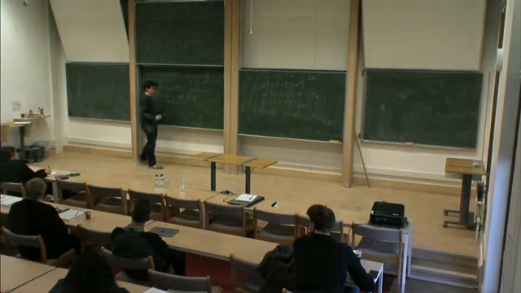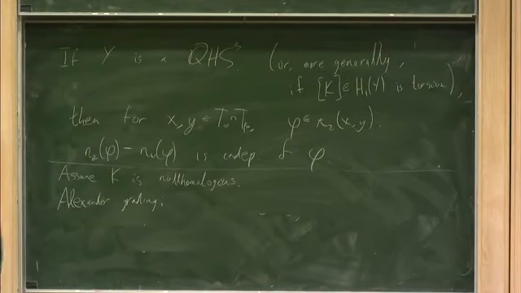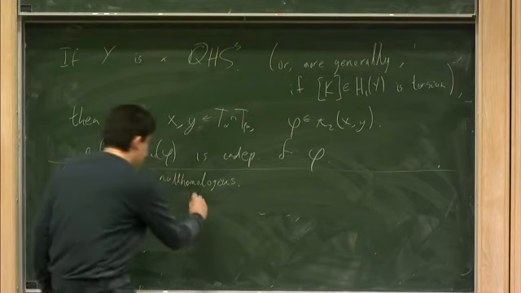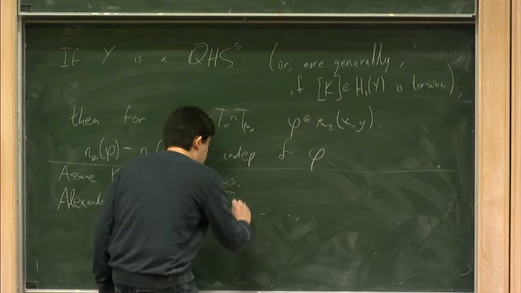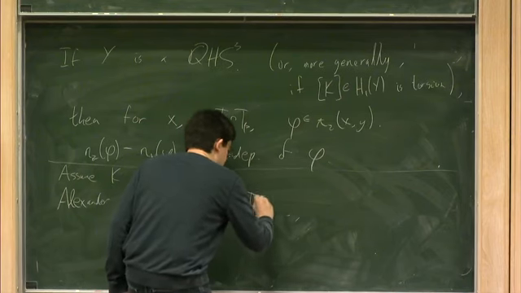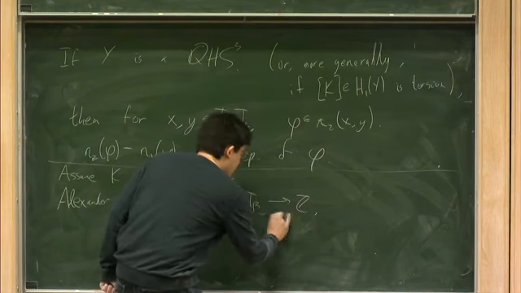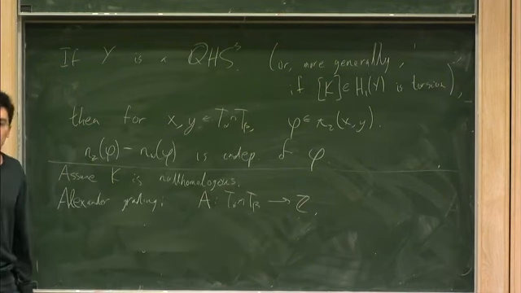Okay, and it's going to be a function on the set of generators. Maybe we'll call it A from T alpha intersect T beta to Z, which is characterized up to an overall grading shift.